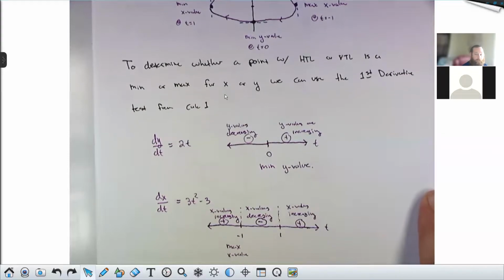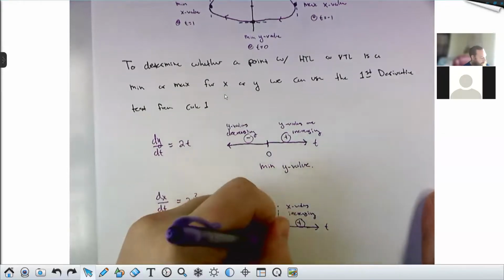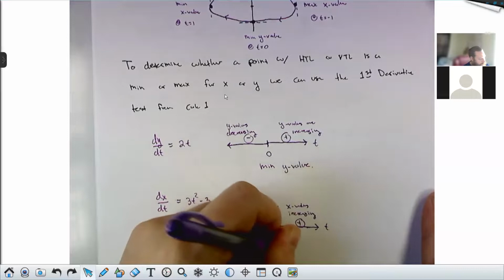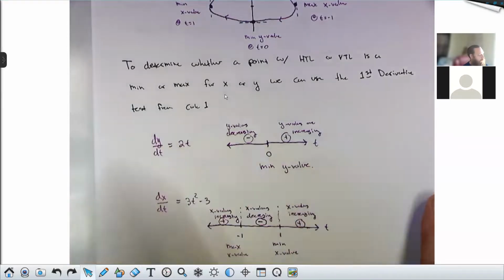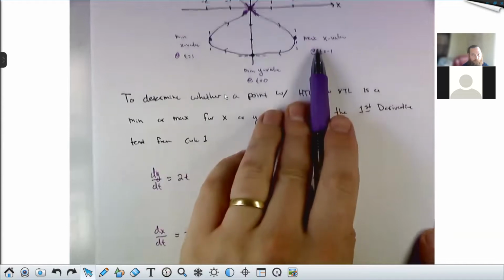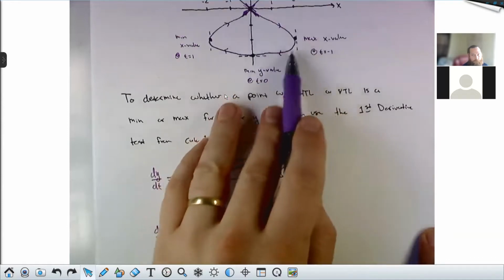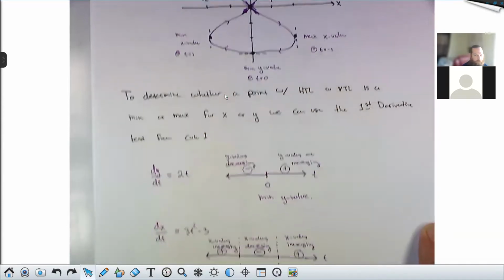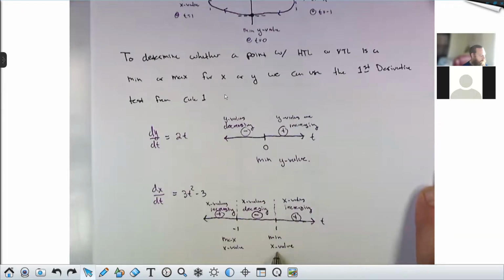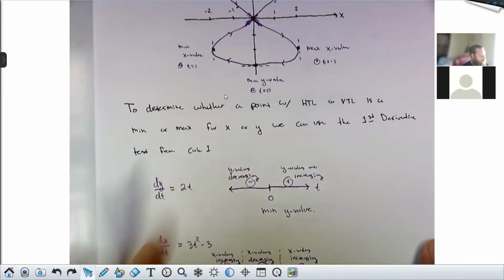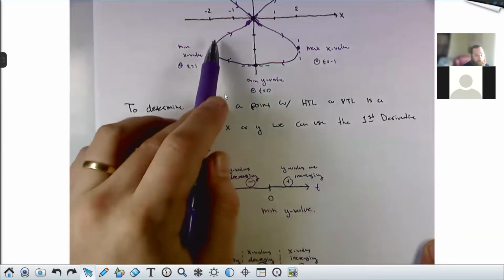And if you go from decreasing to increasing, that must be a min x value. And is that what we found? Well, when t is -1, we had a max x value. Yeah, that's correct. And when t was +1, did we have a min x value? Yeah, when t is +1, we have this min x value here.